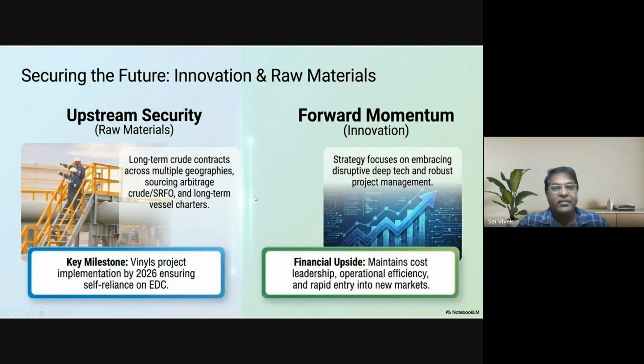And securing the future is done through upstream security as well as forward momentum. So long-term crude contracts across multiple geographies, and sourcing arbitrage, in the sense of purchasing goods or products at a lower price at one place and selling the same goods at a higher price at another place.